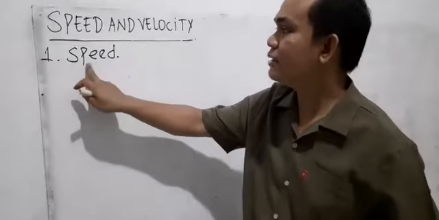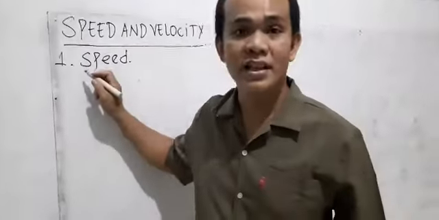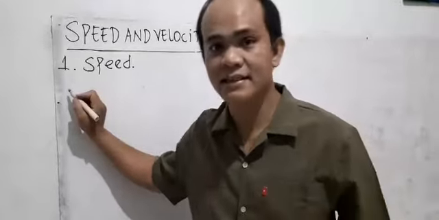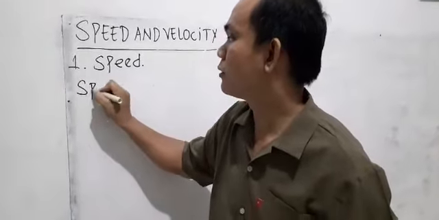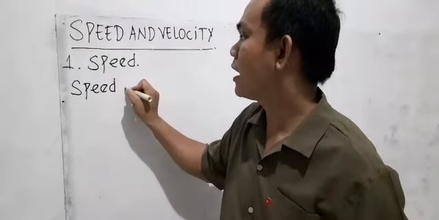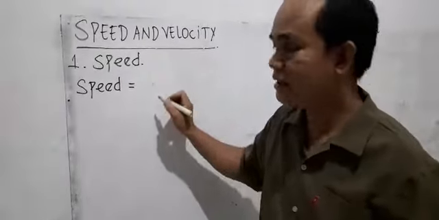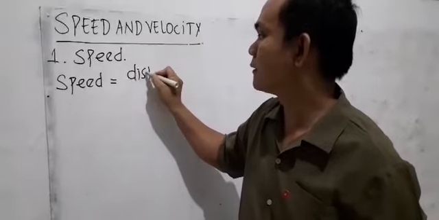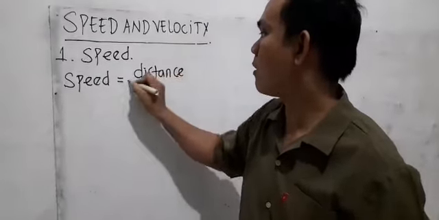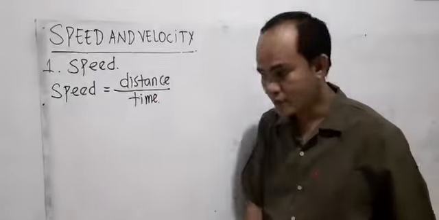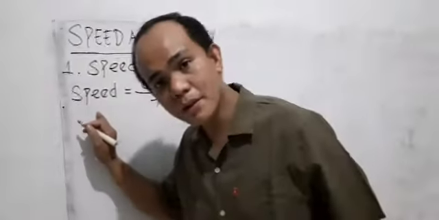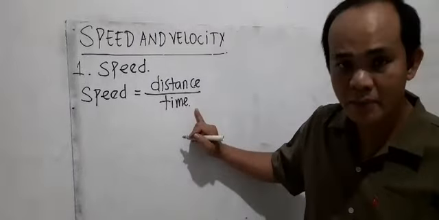Speed is usually used for vehicles and it has its own formula. Speed is distance divided by time.